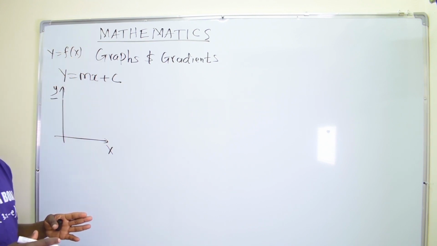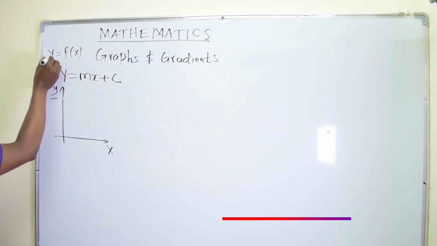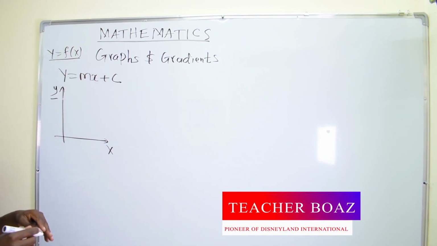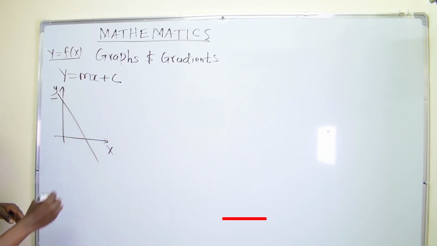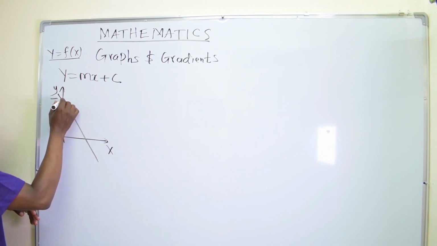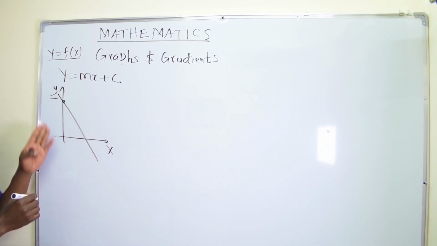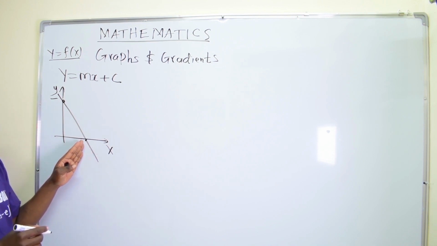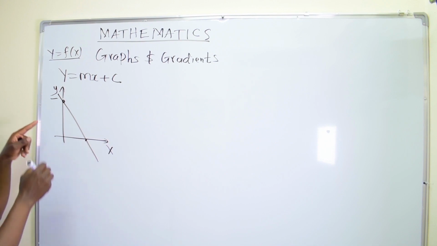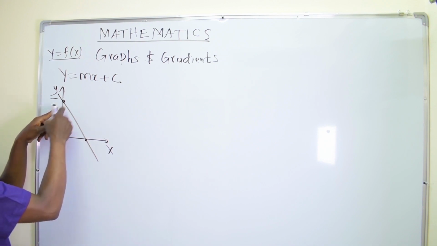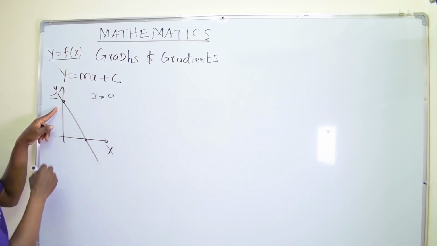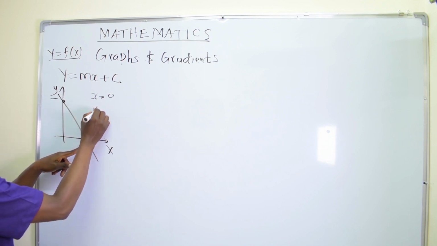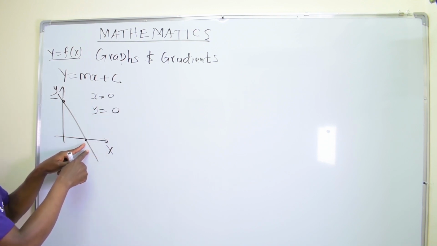Especially those people now in year 10, they need to know that whenever we take y as a function of x. Now if you draw a line of that nature, where that line is cutting y, we call it the y-intercept. Where it is cutting x is called the x-intercept. But remember, at the y-intercept, the value of x is equal to 0. And at the x-intercept, the value of y is equal to 0.